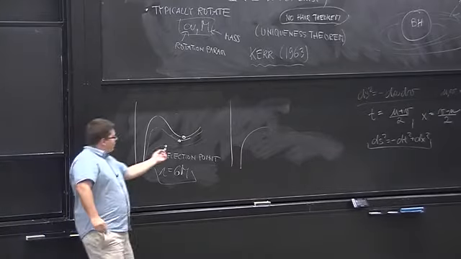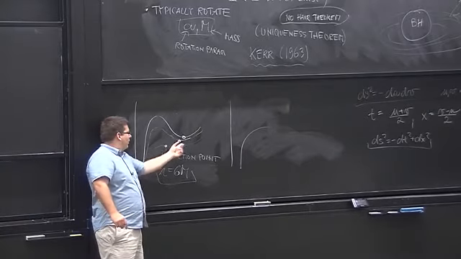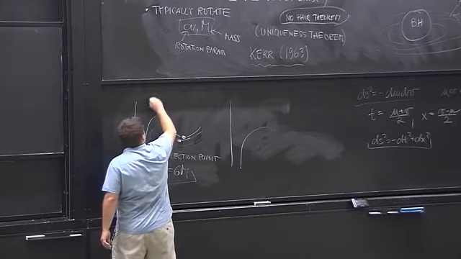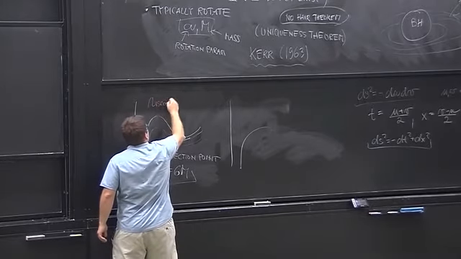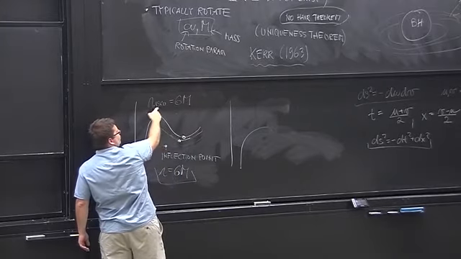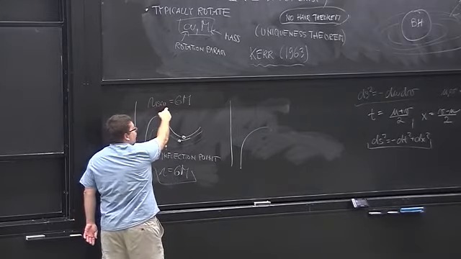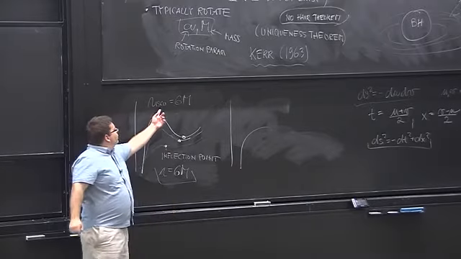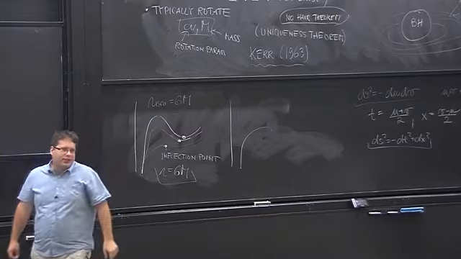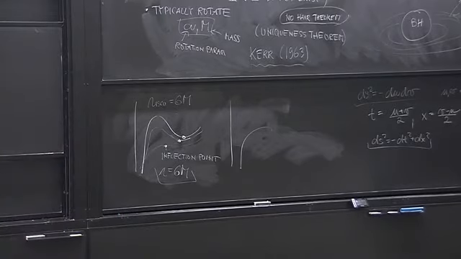So the closest circular orbit, which is the stable one, is actually 6m. That's called R_ISCO. R_ISCO is 6m for Schwarzschild. ISCO stands for innermost stable circular orbit. And for Schwarzschild, this is at 6m from the black hole.